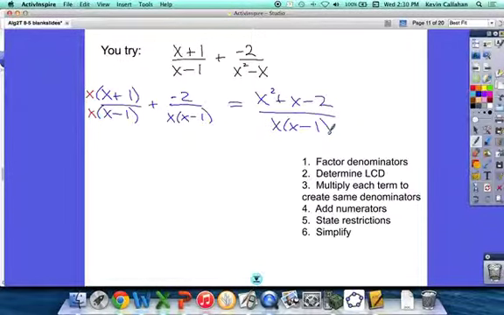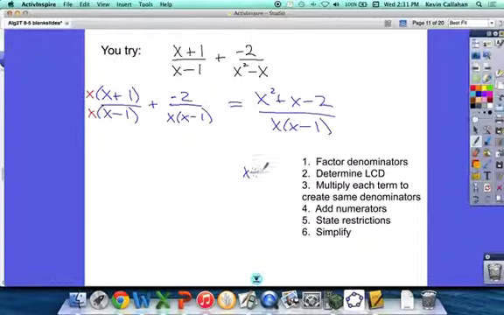So does it look like we could factor the numerator, and would it help us to factor the numerator? It does, right? Because how would the numerator factor? X minus 1 times x plus 2, and since there's an x minus 1 in the denominator, this is going to help. All right, before we start doing that, state the restrictions. X does not equal 0. Remember, if it's just an x by itself, then 0 is a restriction, and 1.